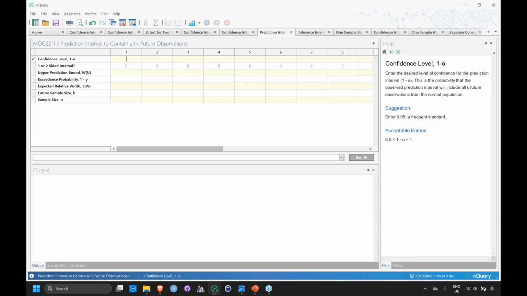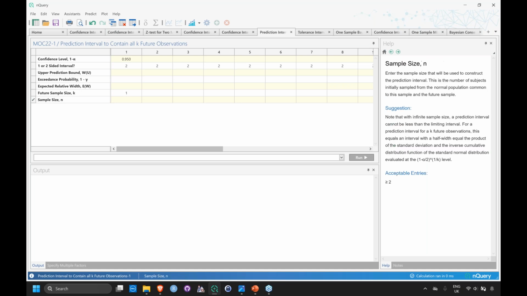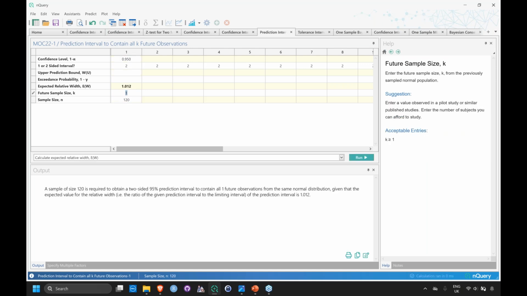So let's start with a confidence level of 0.95, and we're only considering one future sample, so k equals 1. And the total sample size to create the prediction interval is 120. And here, this gives an expected relative width of 1.012.